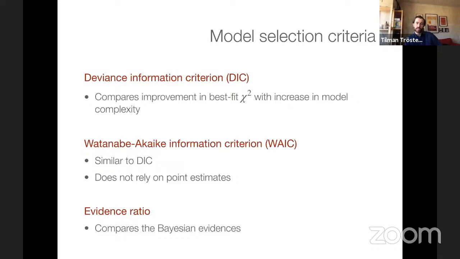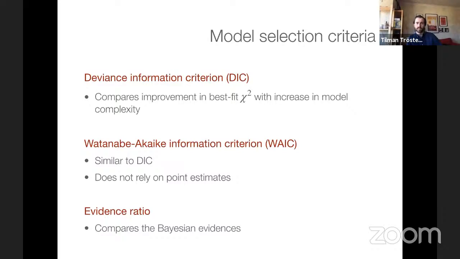And finally, we look at the Bayes ratio, so the ratio of the model evidences between the models, which is arguably the correct Bayesian way to go about things, but it's challenging to get robust evidence estimates. But over all these different model selection criteria, we didn't find any significant preference for or against any of the models we looked at.